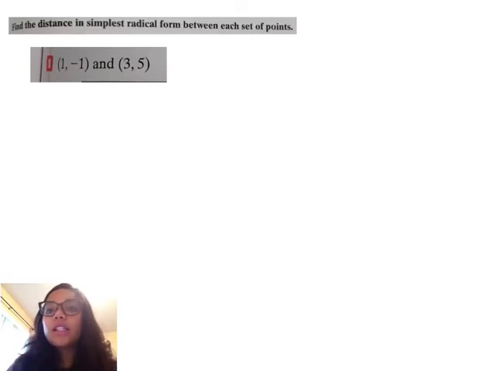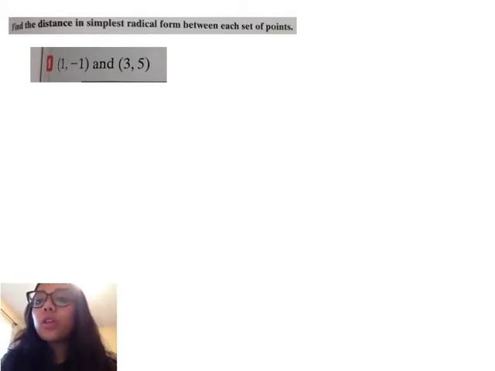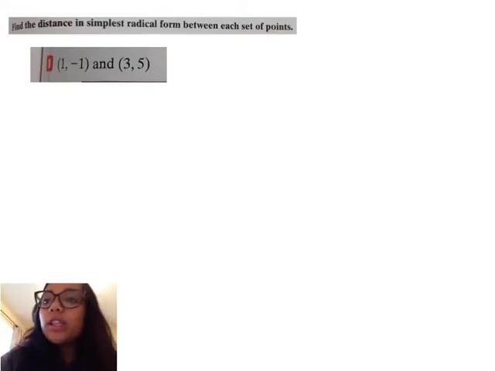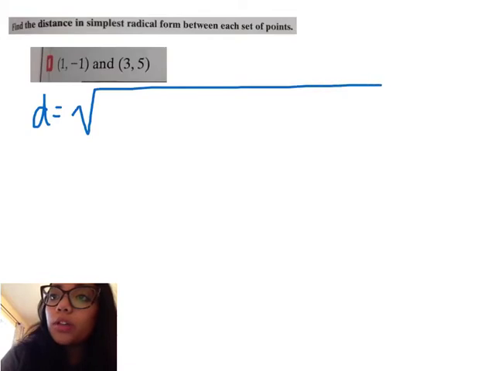Find the distance in simplest radical form. So if you notice 1, negative 9, 3, 5, neither of those are the same values, as in the x values are not the same and the y values are not the same. If they were the same, that would indicate that you have a vertical or horizontal line. But since they're not the same, you're going to have to use the distance formula, which you should have written down in your notebook.